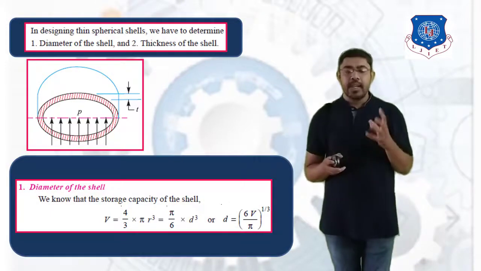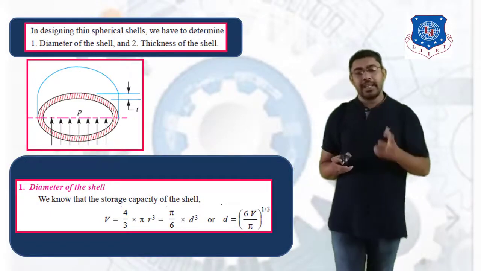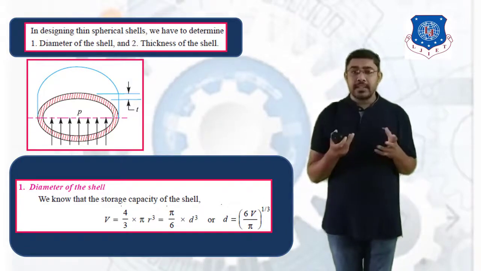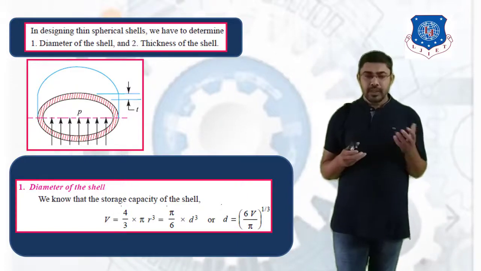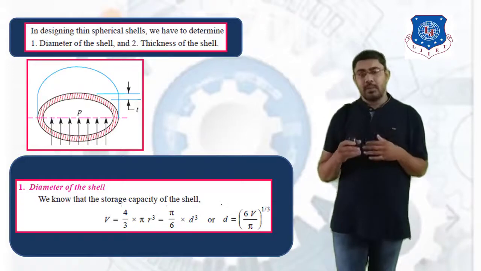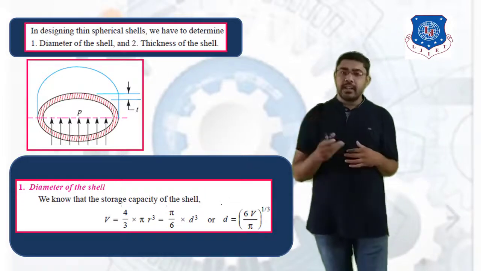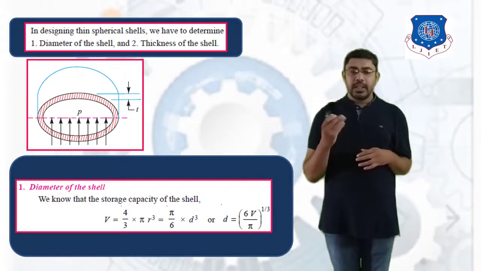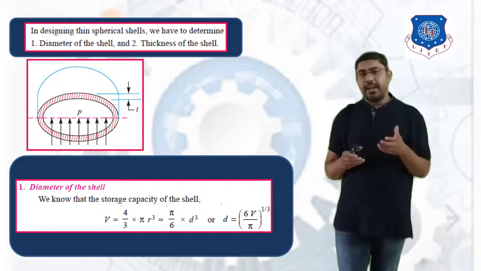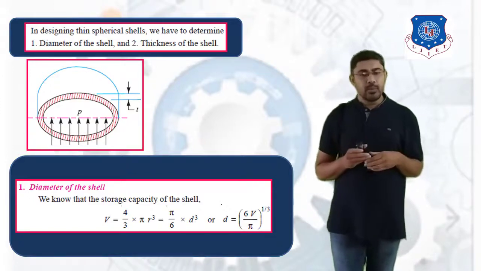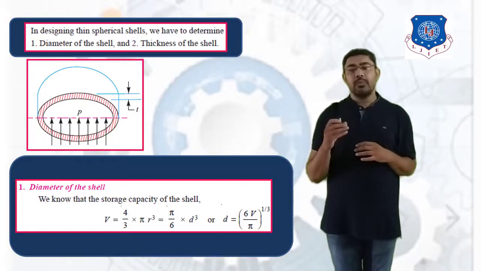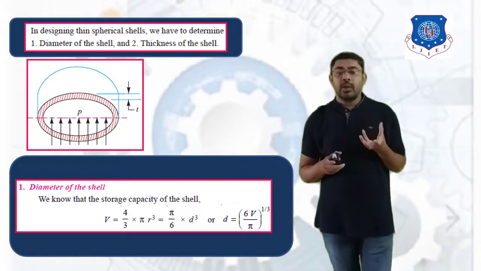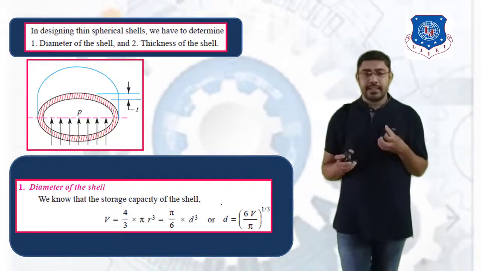As the shell is spherical, its capacity is the volume of a sphere, V is equal to 4 by 3 pi r cube, or in terms of diameter, pi by 6 into d cube. If you simplify, you get d is equal to (6V divided by pi) raised to the power 1/3. This is the diameter of the shell according to the volume capacity of the pressure vessel.